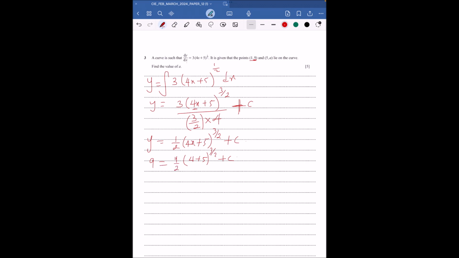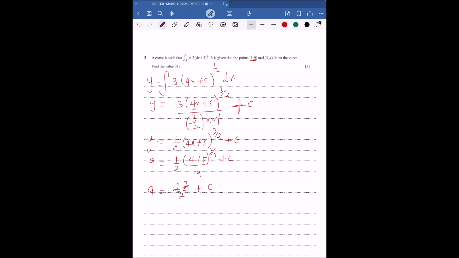So this is 9. You can press your calculator, but I like doing mental math. The square root of 9 is 3. 3 cubed is 27. So 9 is equal to 27 over 2 plus c.